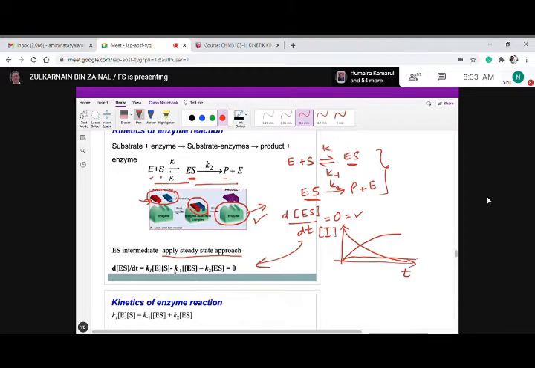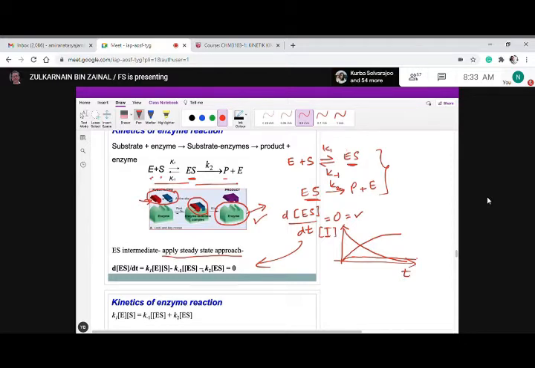So another one, minus, why minus? Because the intermediate concentration is decreasing because ES is consumed. The consumption of ES, that's why it is negative, right?